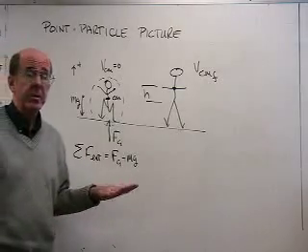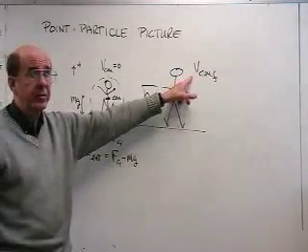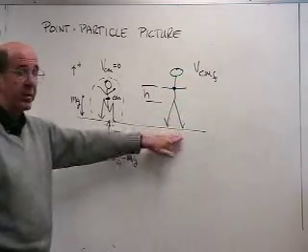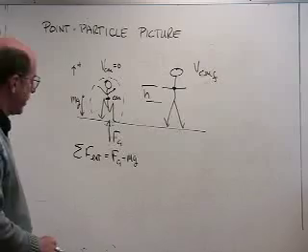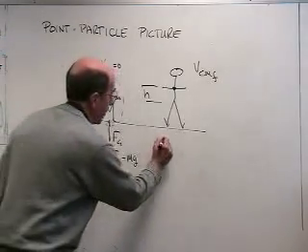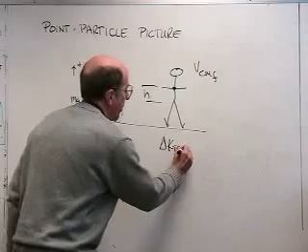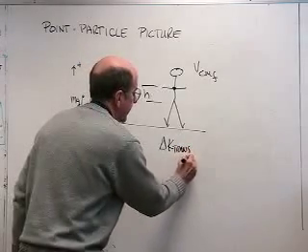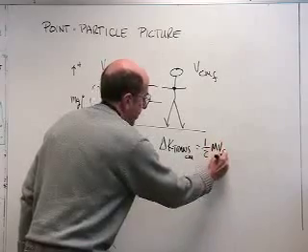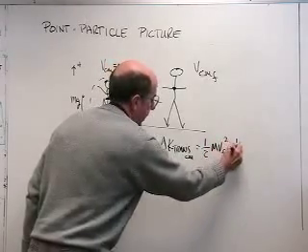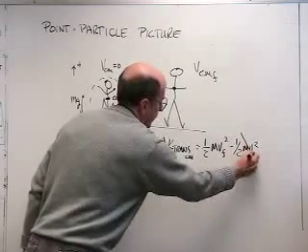But by using the point particle idea, I can at least calculate what this velocity is just as I leave the ground. From the point particle point of view, I would say that the change in the translational kinetic energy of the center of mass is equal to 1/2 the mass times the final velocity squared minus 1/2 the mass times the initial velocity squared, which was 0.